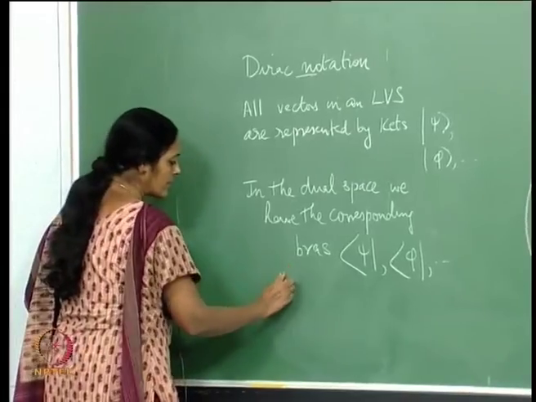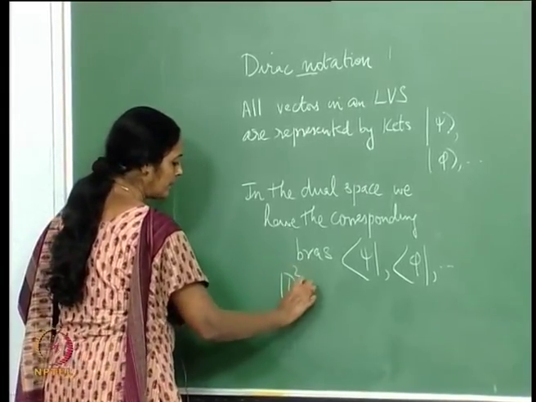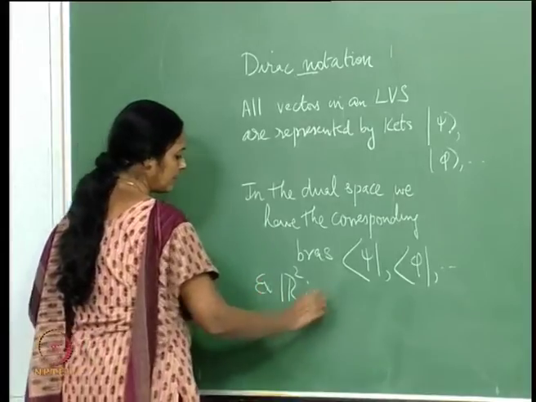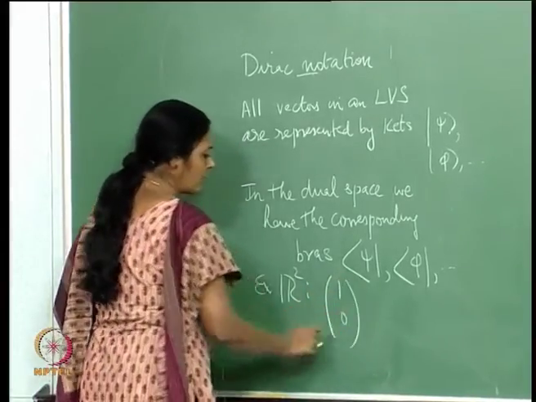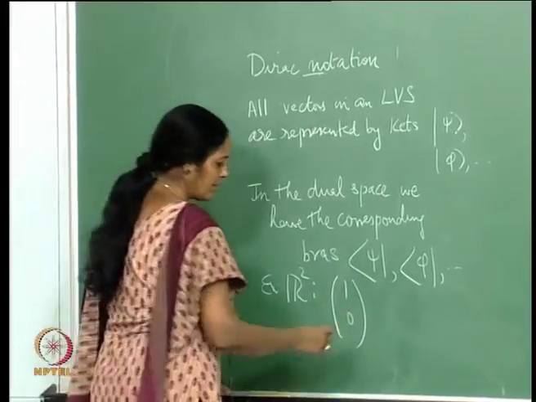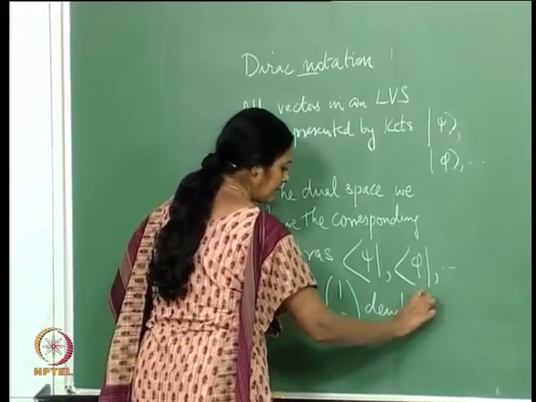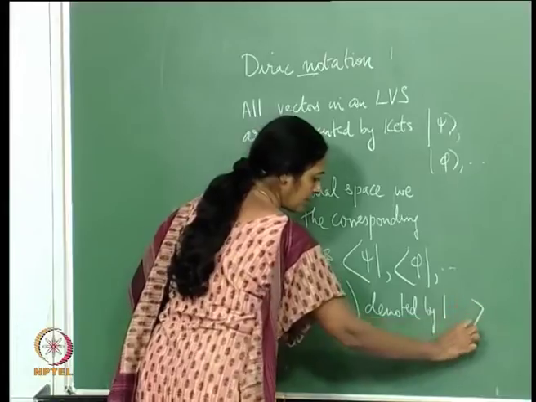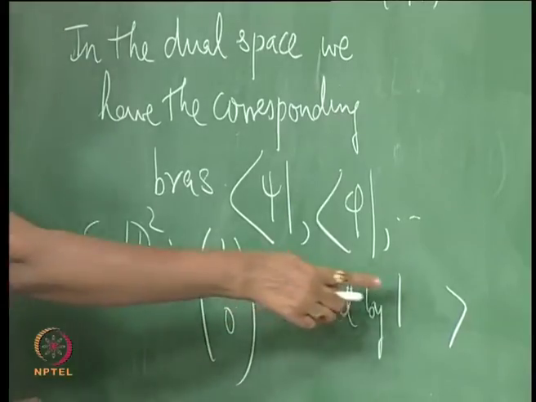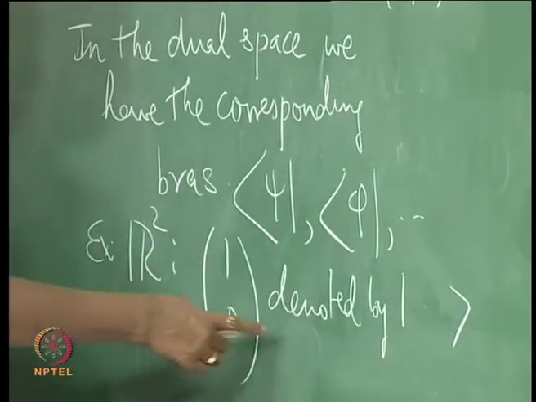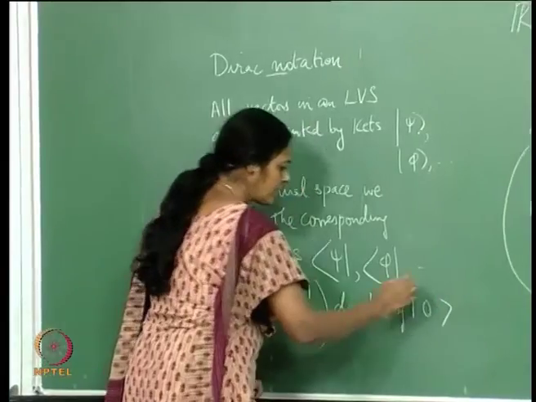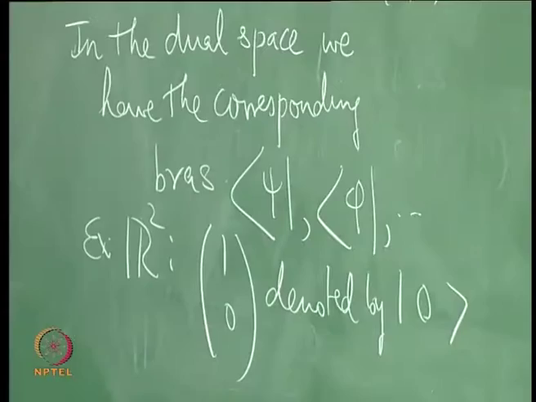So, for instance, let us look at R2. 1 0 is a ket, but I have to put down something to denote 1 0. Let me just call that ket 0.